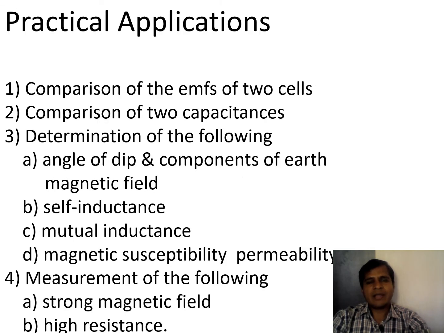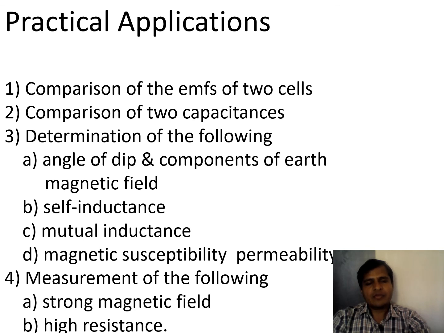Now coming to the practical applications of this ballistic galvanometer. Firstly, it can be used to compare the EMF of two cells. Secondly, it is used to compare the capacitance of capacitors. A third application is to determine the angle of dip and the components of Earth's magnetic field, that is BH and BV, Earth's horizontal magnetic field and Earth's vertical magnetic field.